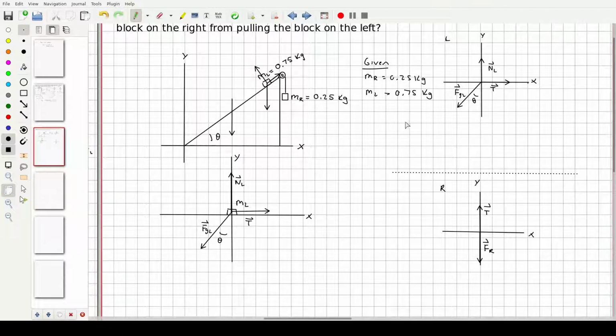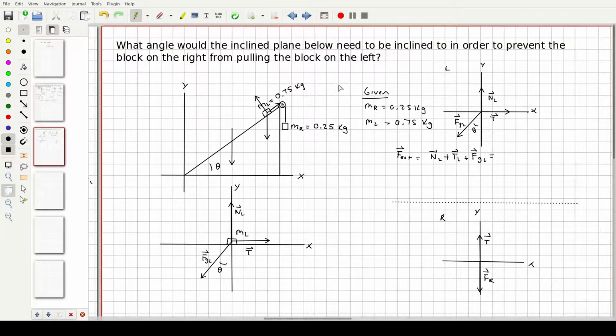So, for this one right here, when I look at the external forces, all the forces that are acting on it, I see 3. I see a normal force, I see a tension, and I also see the force due to gravity. Right? Now, again, these are adding up to, in the situation that we want, give us 0.